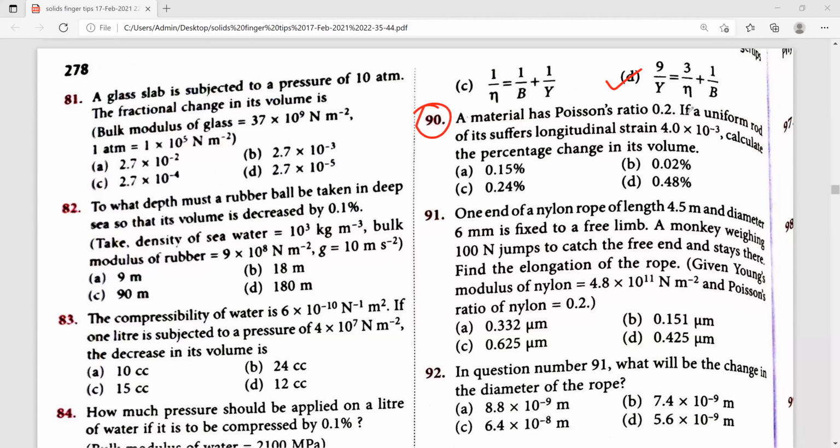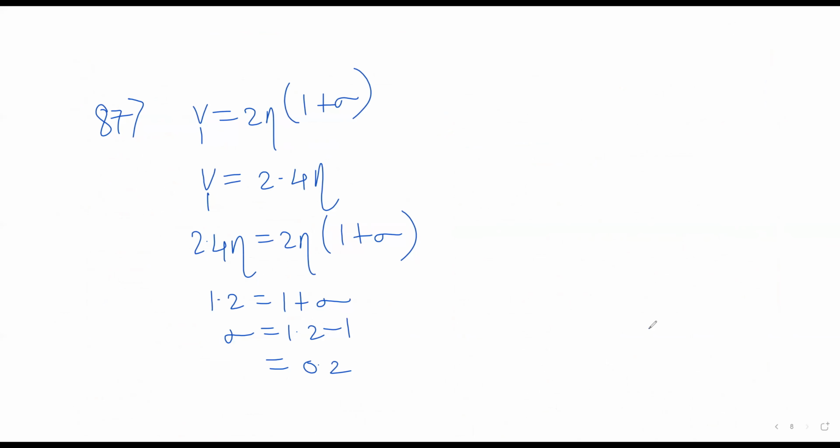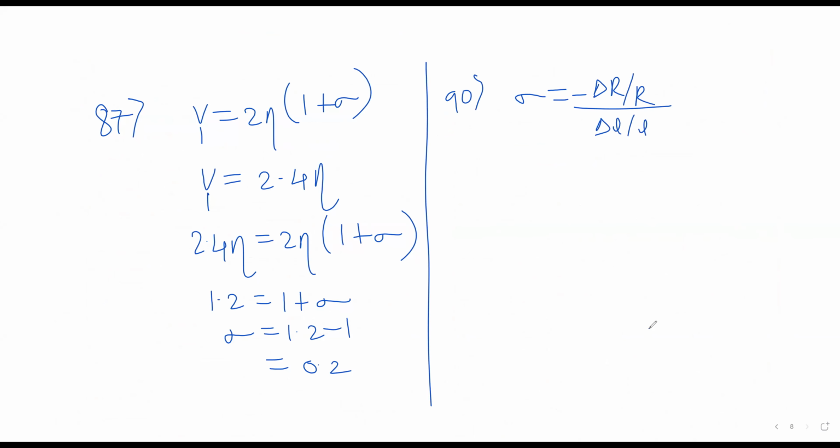90th one. A material has Poisson's ratio 0.2. If a uniform rod of it suffers longitudinal strain 4 into 10 to the power of -3, calculate percentage change in its volume ಅಂತ ಕೇಳಿದ್ದಾರೆ. ಸೊ ಇದನ್ನ ನೀವೇ ಮಾಡಬಹುದು. ಇಲ್ಲಿ ಯಾವ ಫಾರ್ಮುಲಾ ಯೂಸ್ ಮಾಡ್ತೀವಿ ನೋಡ್ರಿ, ನಮಗೆ ಗೊತ್ತೈತಿ ಏನು, sigma is equal to minus delta R by R whole divided by delta L by L. ನಿಮಗೆ ಯೂಶುವಲಿ ಆ ನೊಟೇಶನ್ ಯೂಸ್ ಮಾಡೋ ಮೀನಿಂಗ್ ಗೊತ್ತಾತಂದ್ರೆ ಈಸಿಯಾಗಿ ಅರ್ಥ ಮಾಡ್ಕೋಬಹುದು.